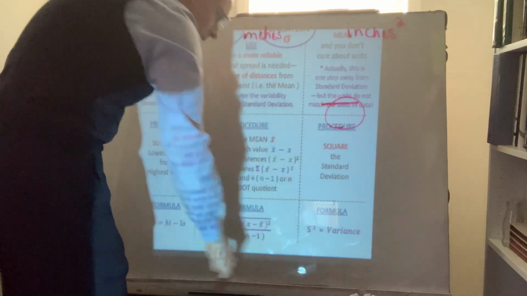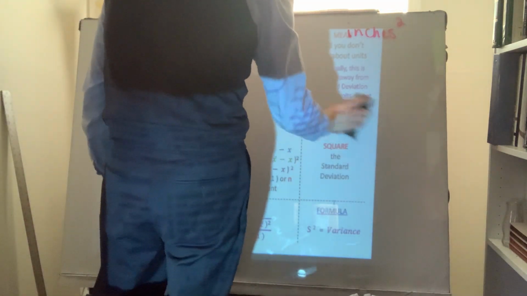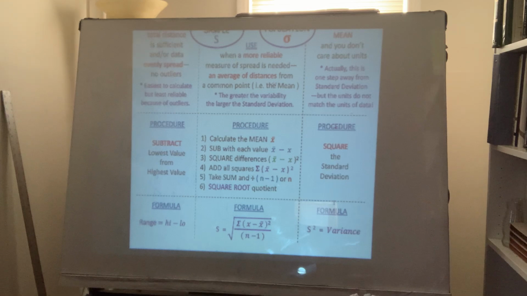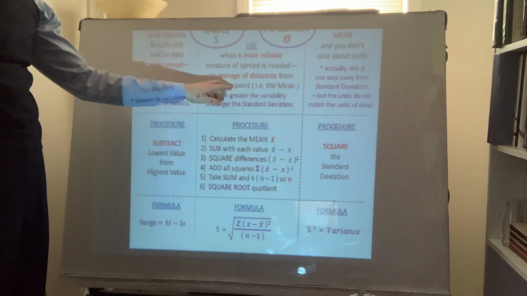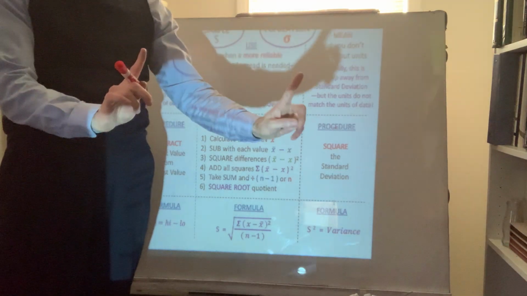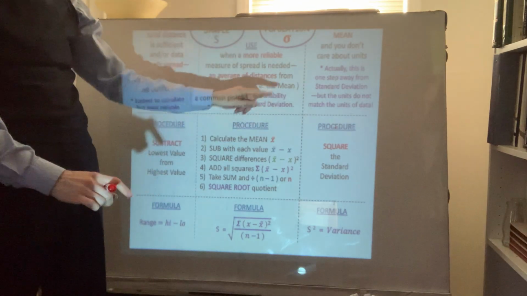So, again, of these three, the best choice really is standard deviation because of the continuity with the units. And again, it's basically an average of how far the data values are from some common point. And that common point is the mean.